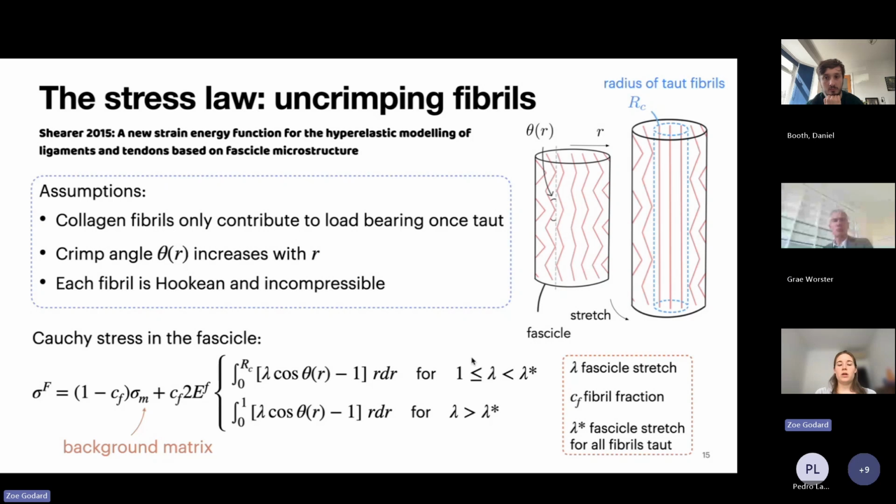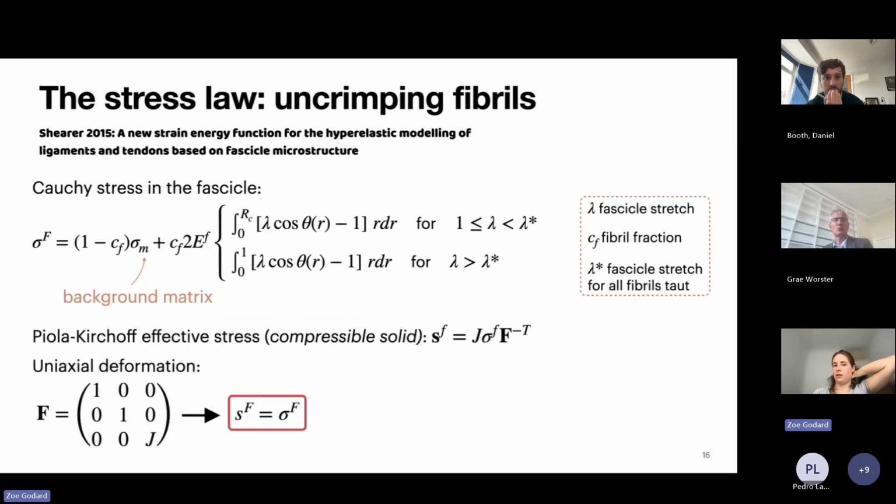So how can we use that in our model? This is the Cauchy stress, and we are doing things in Lagrangian variables. So first of all, seeing as we're in a poroelastic material, we've got a compressible solid as a whole. We need to consider a compressible law. So if we consider that our background matrix is compressible, then our whole Cauchy stress is compressible.